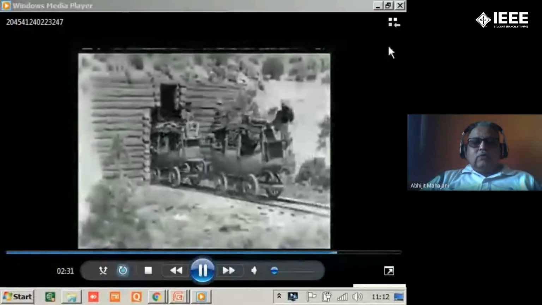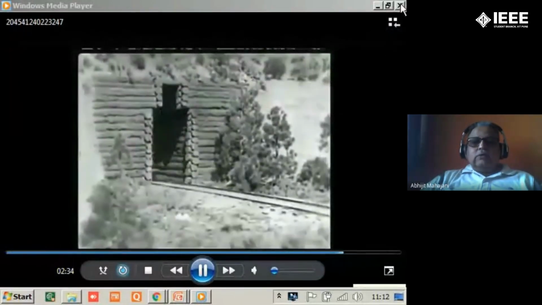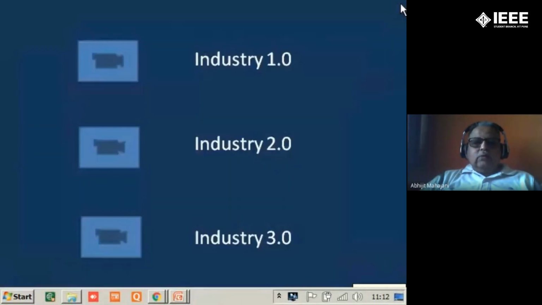The trains are of course much better. So this was Industry 1.0, and this was a technical revolution. The second industrial revolution which came up was more of a management revolution because this was when the operational management got refined, and the three S's of operational management: standardization, simplification, and specification.